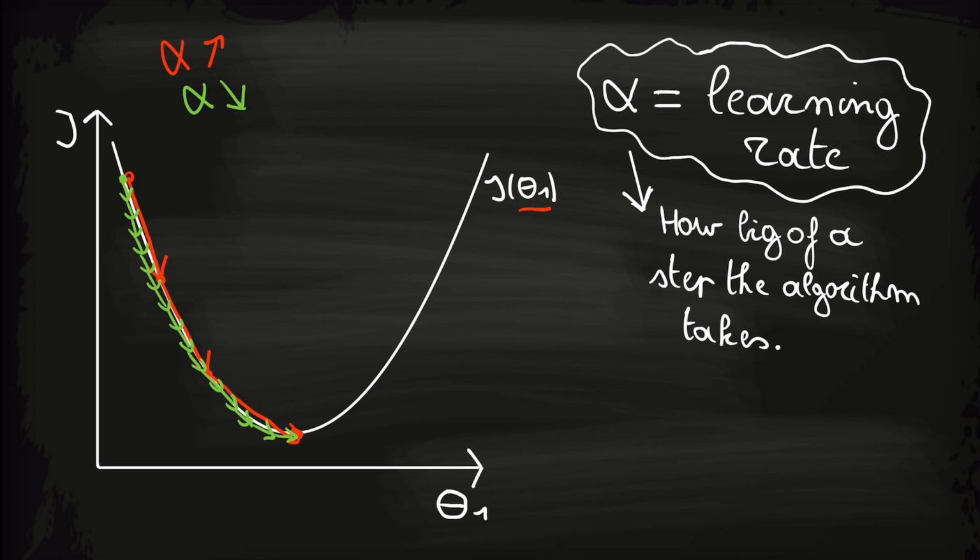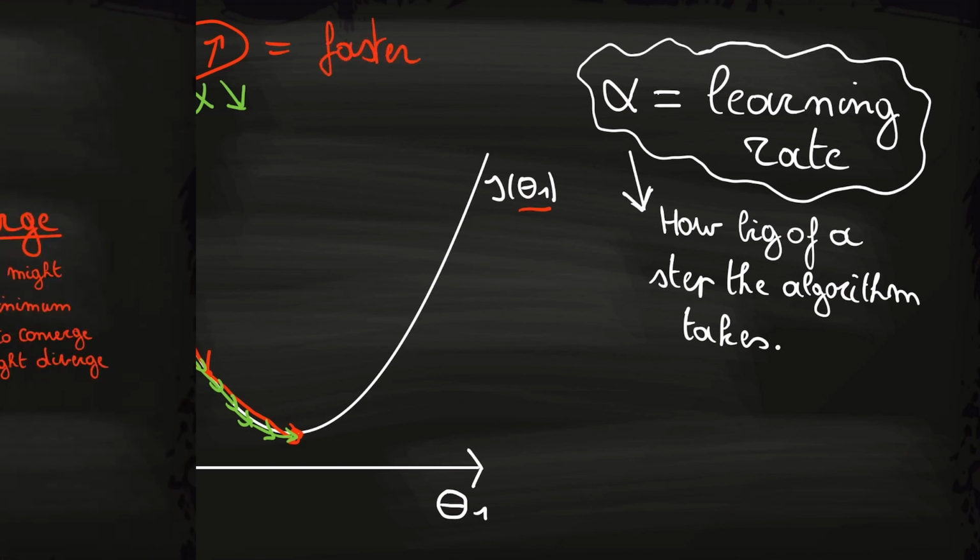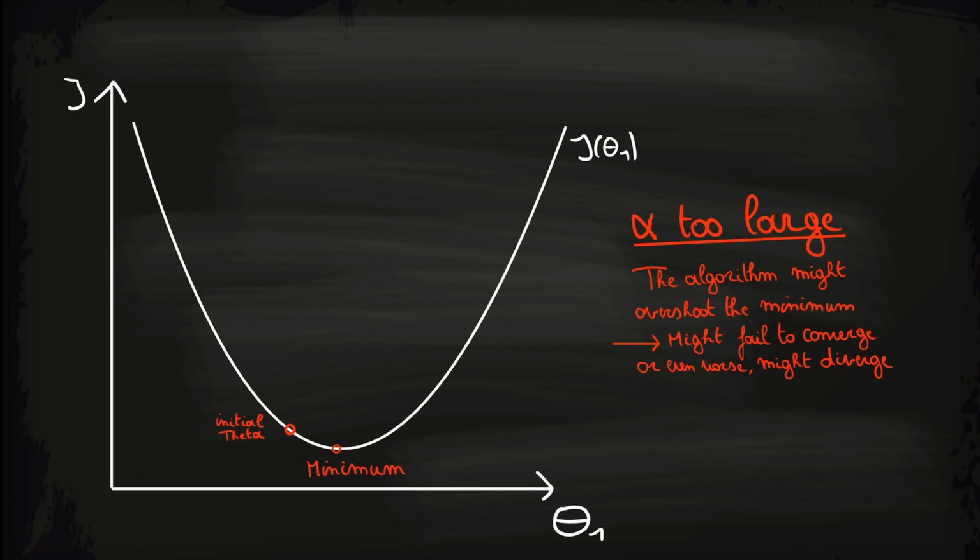Now you might think, why wouldn't we take a large value for alpha, as this will be faster due to the fact that we need fewer iterations? Well, the problem lies in the fact that if you take alpha too large, the algorithm might overshoot the minimum, meaning that it might fail to converge, or worse, it might even diverge away from the minimum, like I will now illustrate on this cost function.